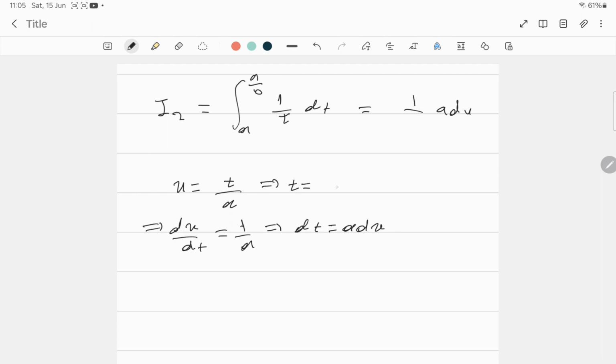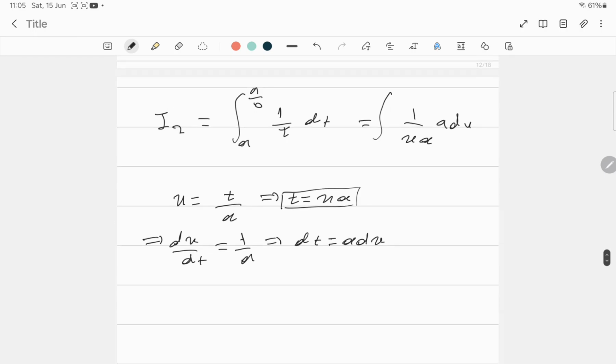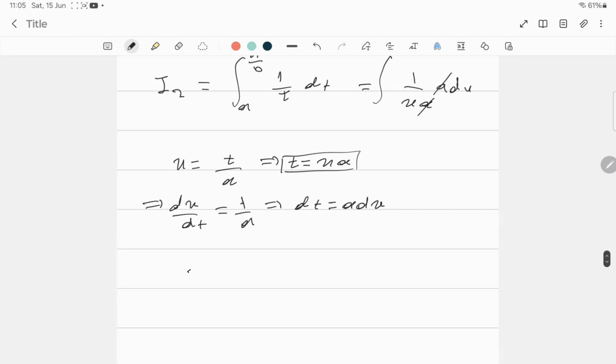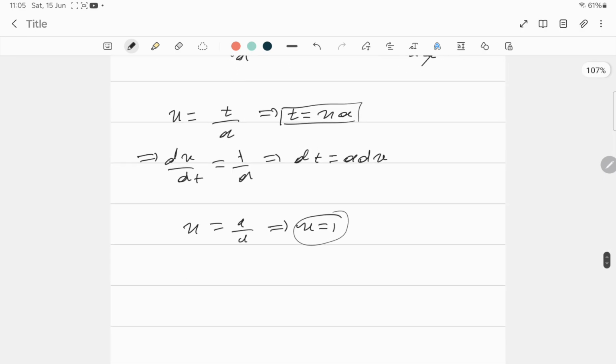And from here t equals u times a. Now I have also to change the bounds of integration. So for t equals a, I get that u is equal to 1. Alright. And now for t equals a over b, u is 1 over b.